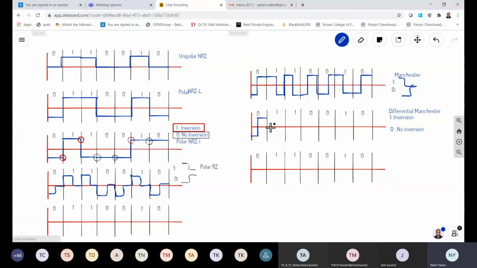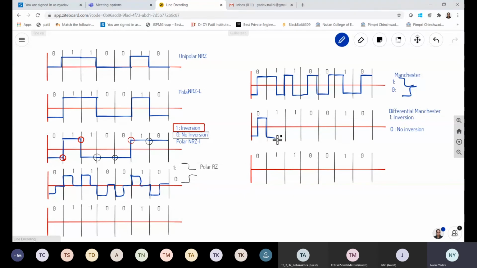Now there is a 1. Correct. Look at the scheme and tell me what am I supposed to do for the 1. So for the 1, I am supposed to invert. Right? So I will be going to the opposite side of the axis. So for 1, I have inverted, and then from here, I am completing my signal.